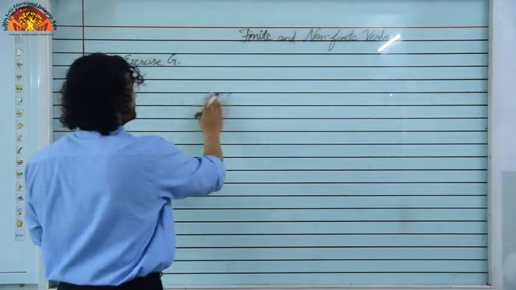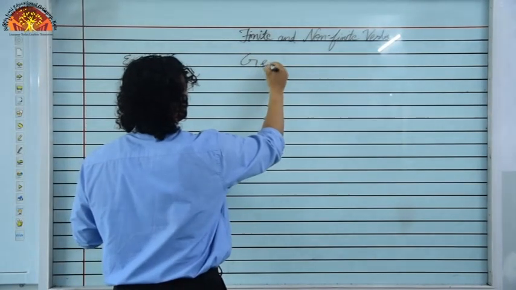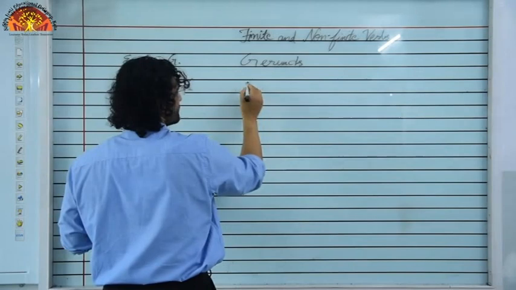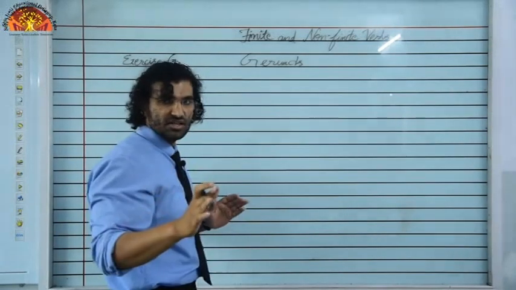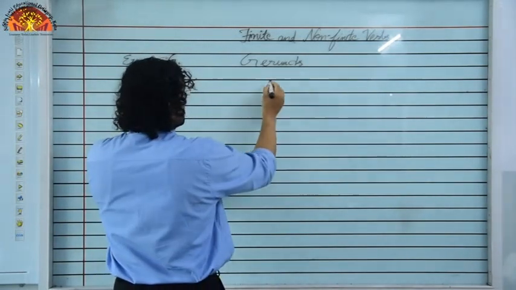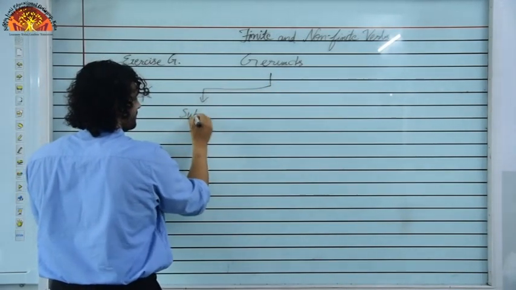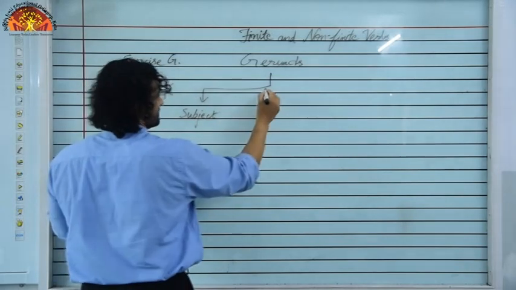But these gerunds, what are gerunds? I'm going to rewrite this for you again. Gerunds, ing forms of verb used as a noun, and they can be used in 4 ways. Gerunds can work as a subject in a sentence.